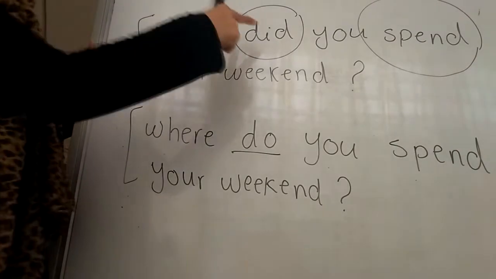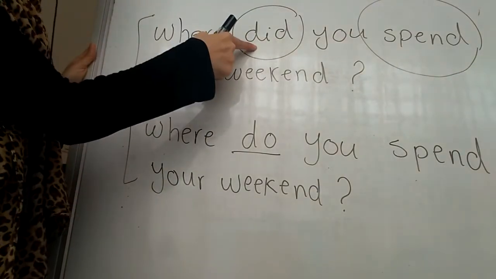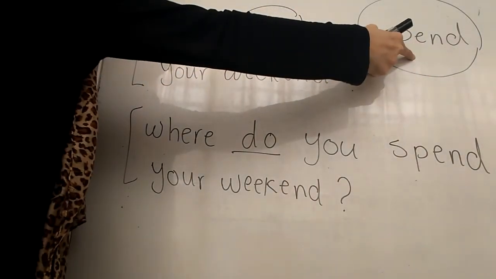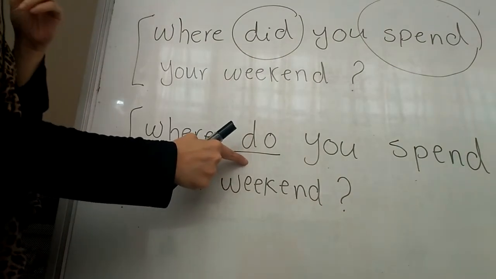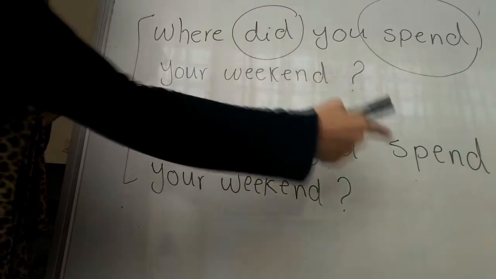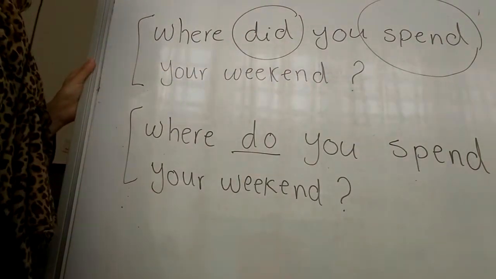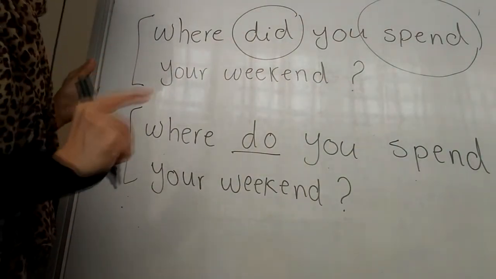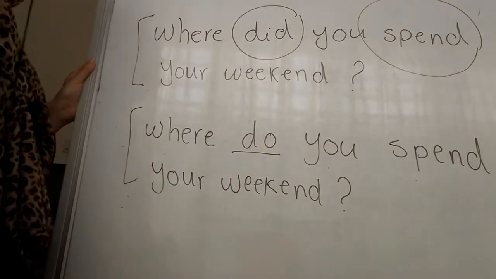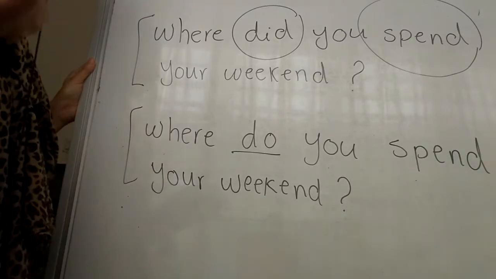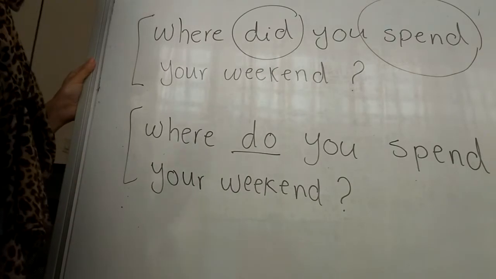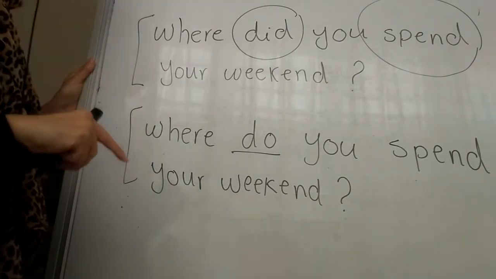You need to look at the main verb. If the main verb is past, change the verb to the past tense. But if the main verb is simple present, then do not change anything to the past tense, unless the subject is singular, then we need to use s, es, or ies, like the lesson that I explained a few days ago, but I will link that in the description box.